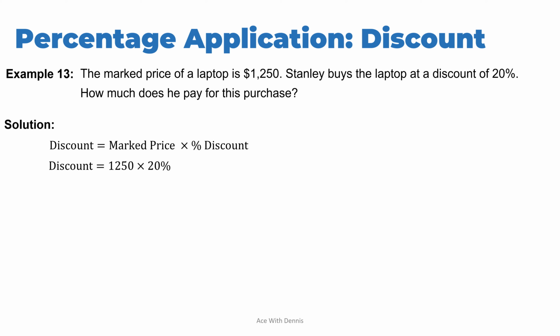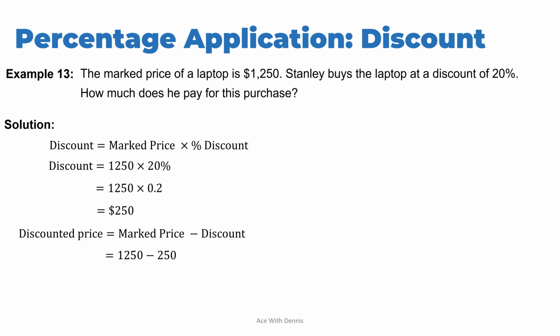For this case, it is $1,250 times 20%. 20% is 0.2, which is $250. The next step is to find the discounted price. It is mark price minus discount, which is $1,250 minus $250, and the answer is $1,000. So this is the first method.